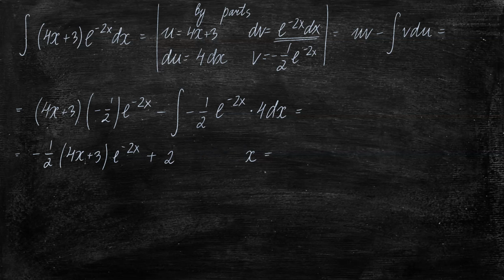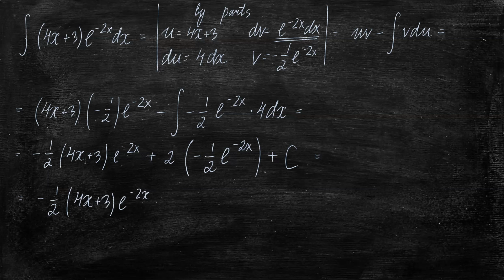So let me just erase this, and I will write the answer instead. So we're going to have negative 1/2 e to the negative 2x, and of course plus c over here. So again, let me simplify everything once again. We have negative 1/2 times 4x plus 3 times e to the negative 2x, minus e to the power negative 2x, plus c.